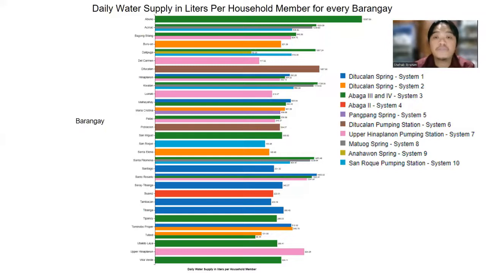In the first area, every household member is receiving 1,557 liters per day. The other area is 82.28, and the other area is 519.05.